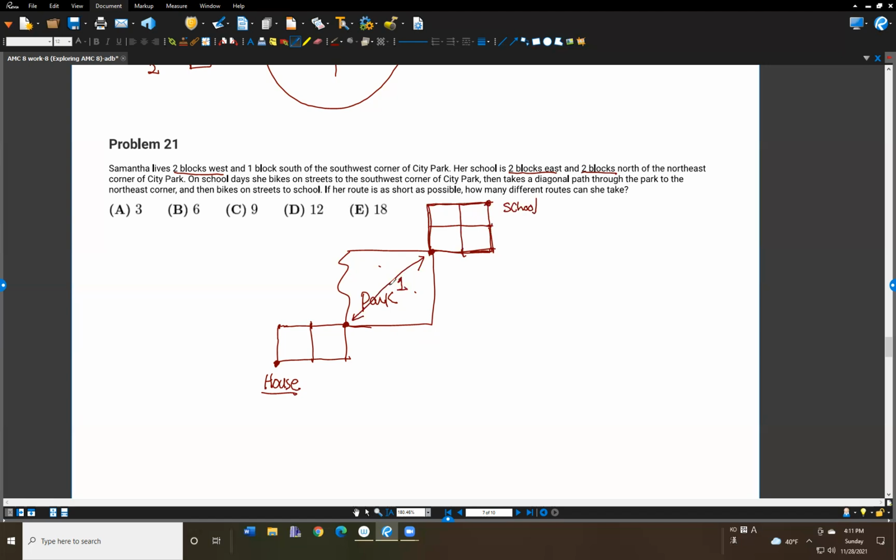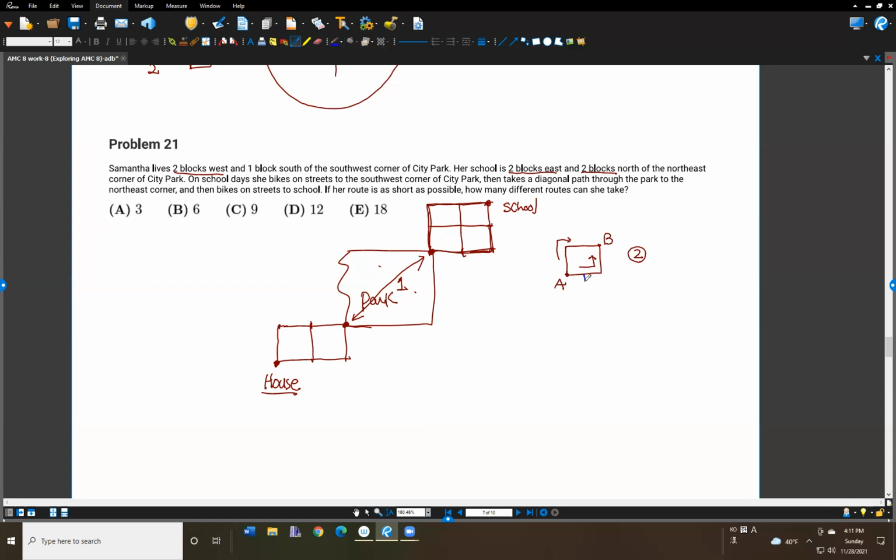How many different routes are there from her house to school? When you're over here, one block. From here to here, how many different routes? You can go this way, you can go this way. There will be two. How can you find the two?